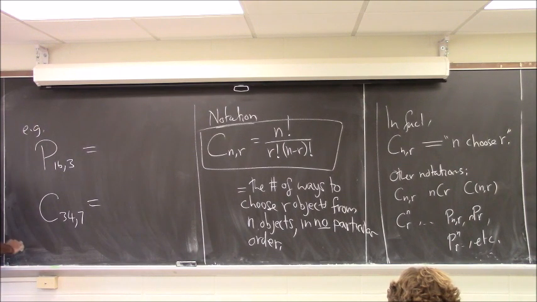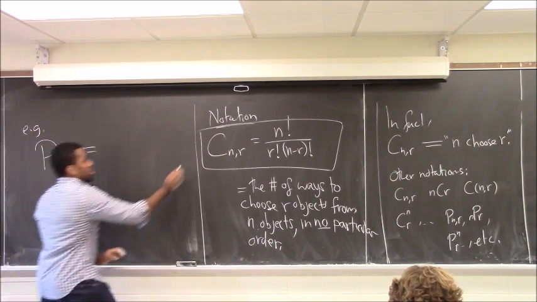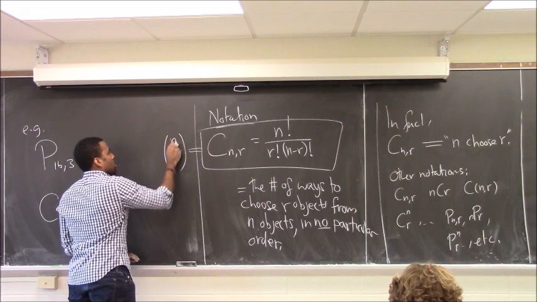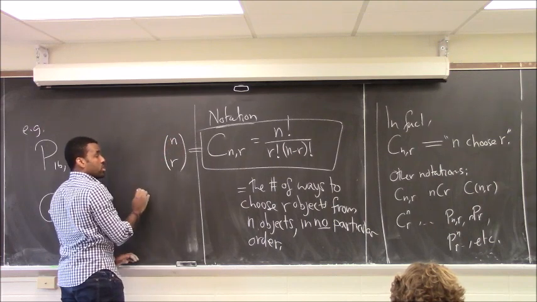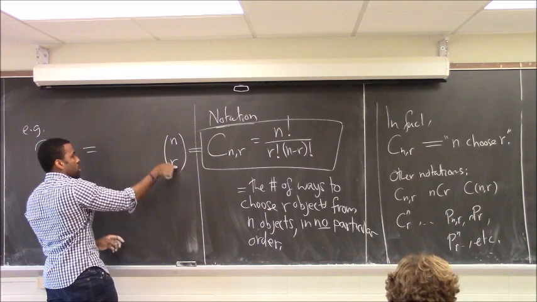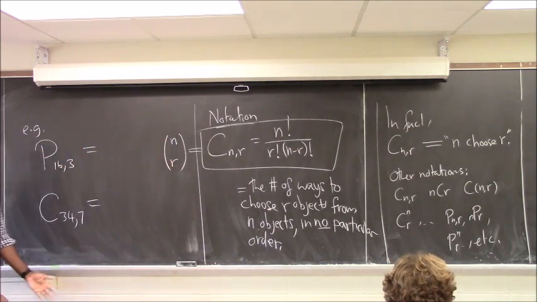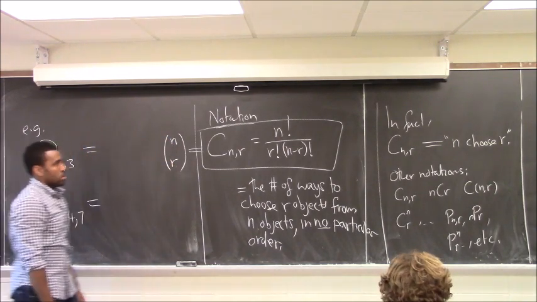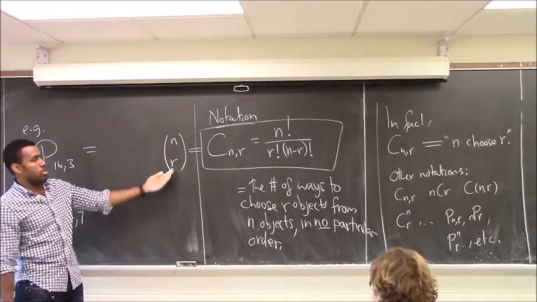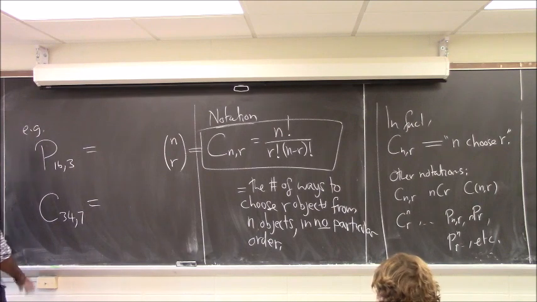What I also want to tell you is another notation for this. Sometimes you write it like this: there's no division sign, so it's just one elongated parentheses. You put the top number here, the bottom number here. It's the same. It's very common when people are writing things down.